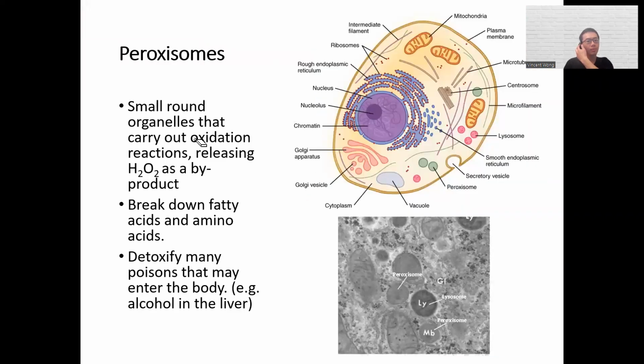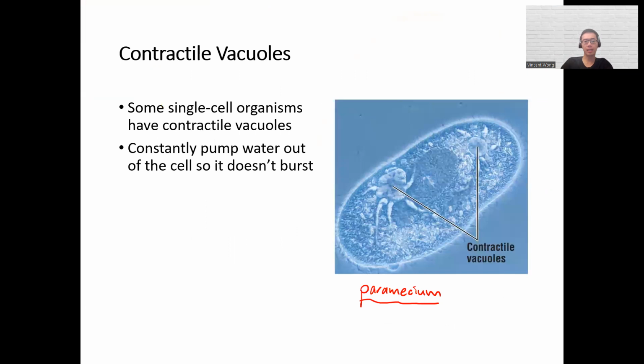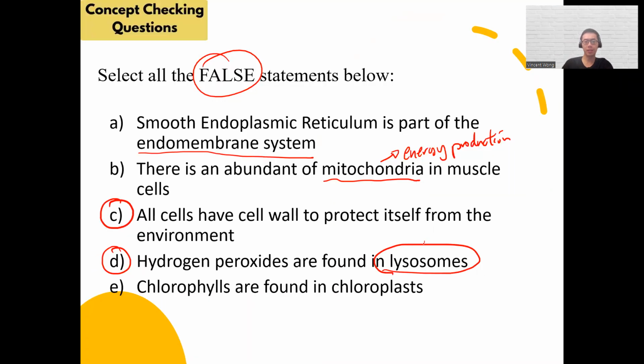All right, so peroxisome is where oxidation reaction occurs. That's like ripping electrons from other molecules, and it releases H2O2 as a byproduct, right? That's what the name means, right? Peroxisome, as in like peroxide. These are like circular sacs that have peroxides in them, okay? So that's why this is the false statement. It's peroxisome.